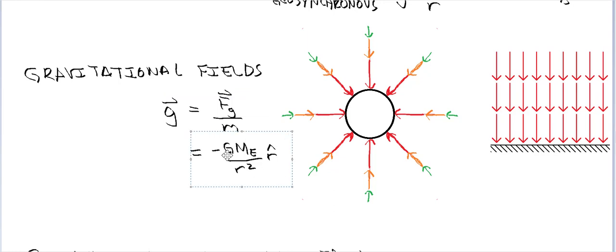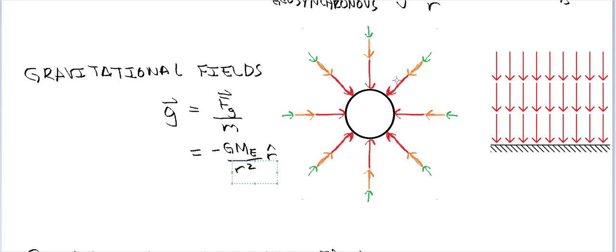And if you do that, you get minus G M_E over r squared r hat, at least for the Earth. If you wanted to find the gravitational field of something else, instead of the mass of the Earth, you would use the mass of whatever that something else is. But notice that the gravitational field is also going to diminish in strength as 1 over r squared. And so as you go further away, these arrows are meant to get smaller and smaller and smaller.